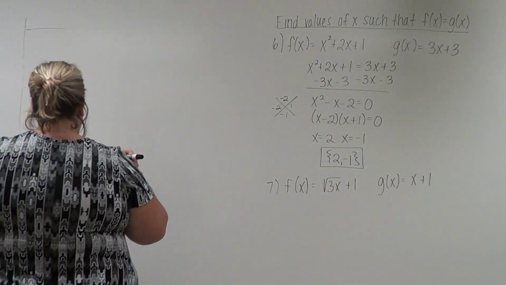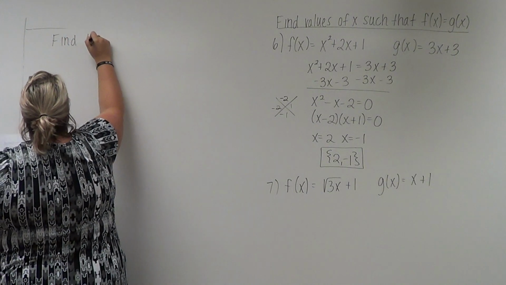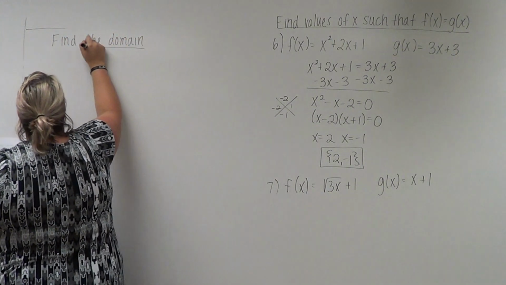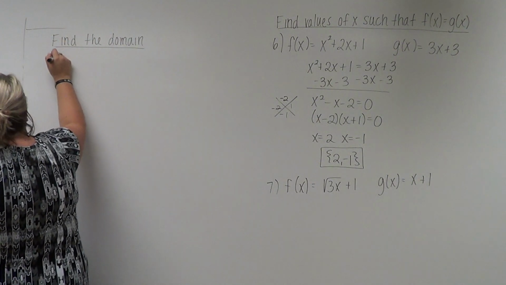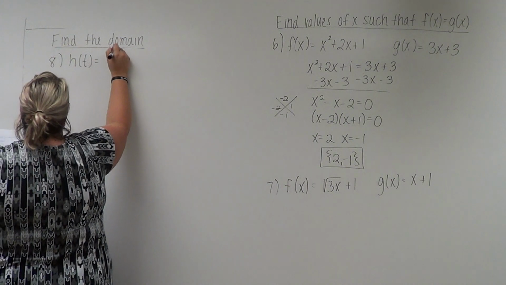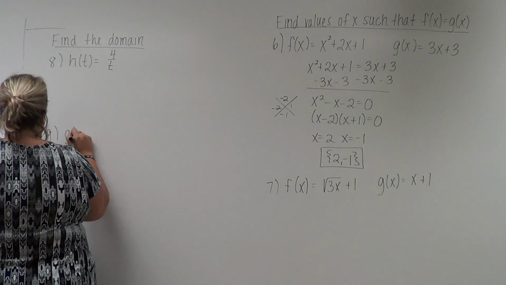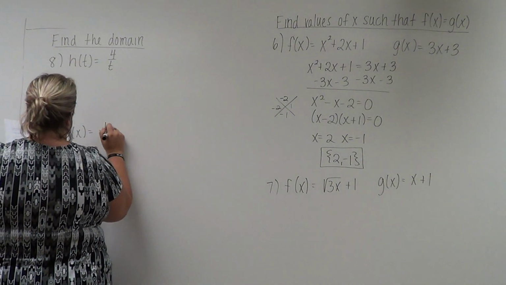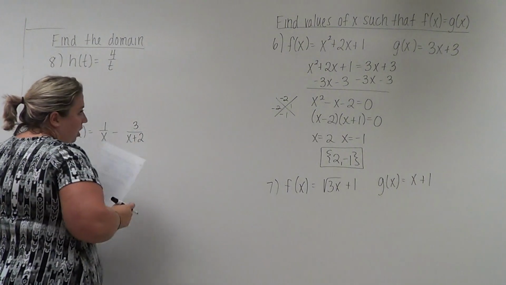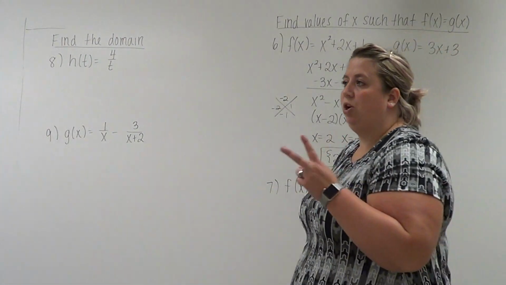Okay, then the last thing you're going to find is you're going to have to find the domain again. Okay, so when you're finding domain, you'll have two areas where you could have issues.